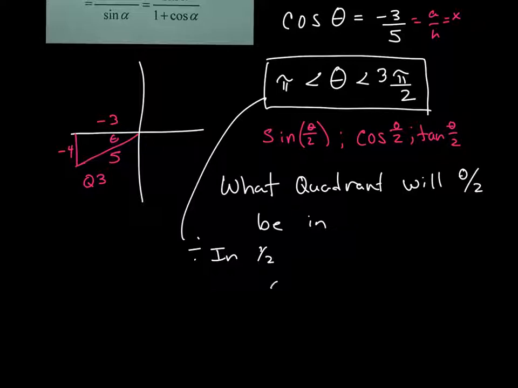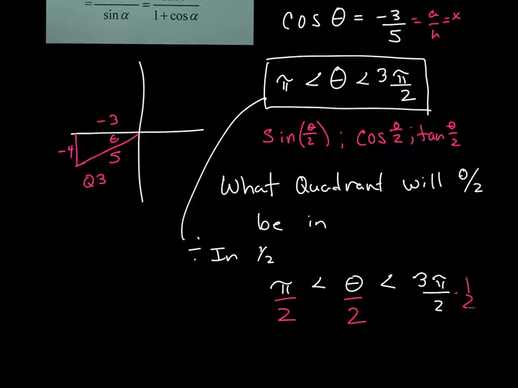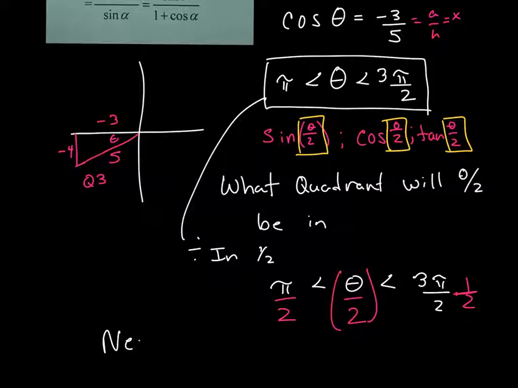So I take that pi and that 3π/2, and I'm dividing all of those by 2. Whether I divide by 2 or, if I have a fraction, multiply by 1/2, this is what I'm looking for, right? That sine of theta divided by 2, theta divided by 2 is always divided by 2. So this now, my new interval, what quadrant is that?